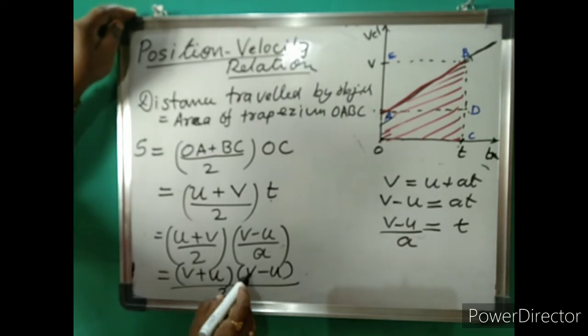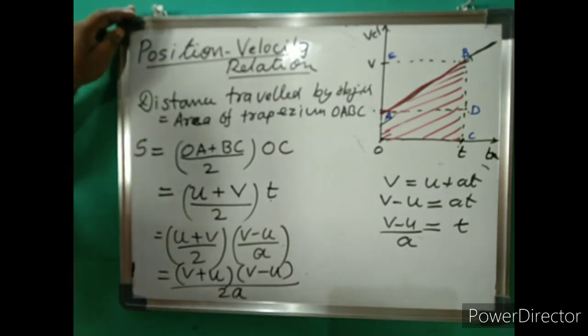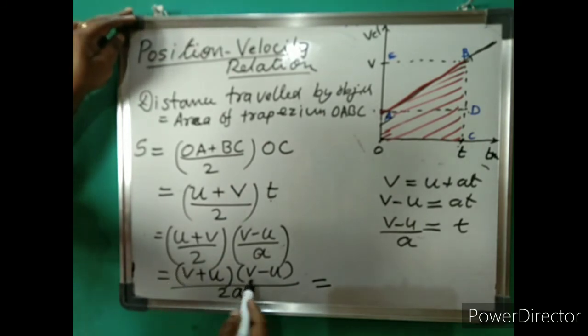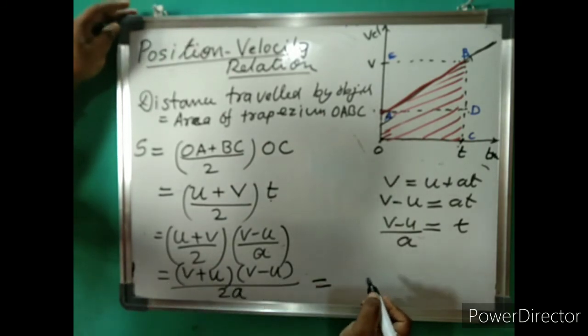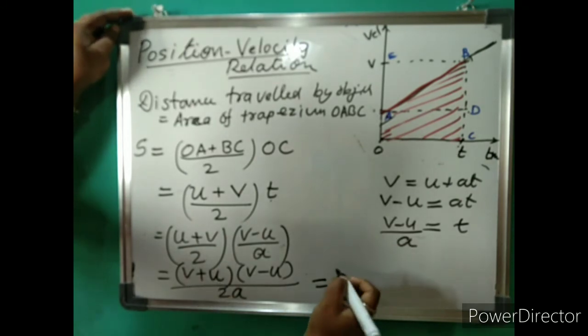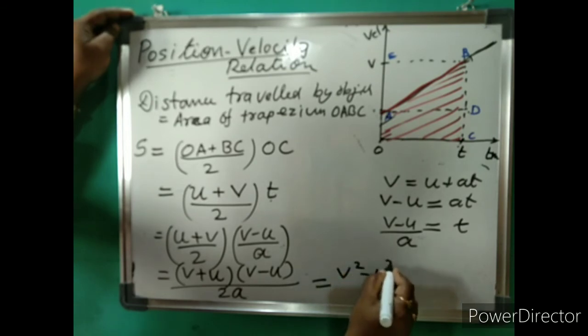We know that a plus b into a minus b is equal to a square minus b square. So v plus u into v minus u can be written as v square minus u square divided by 2a.